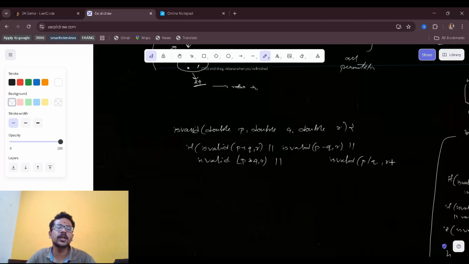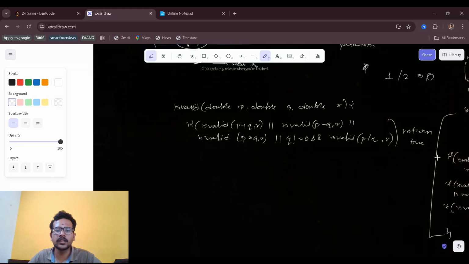What if r becomes 0? From previously I got 1 by 2, then I would get the answer as 0, right? Now what if the q value is 0? That's the problem. Then I would get the runtime error. So q is not equal to 0 and isValid, then return true.